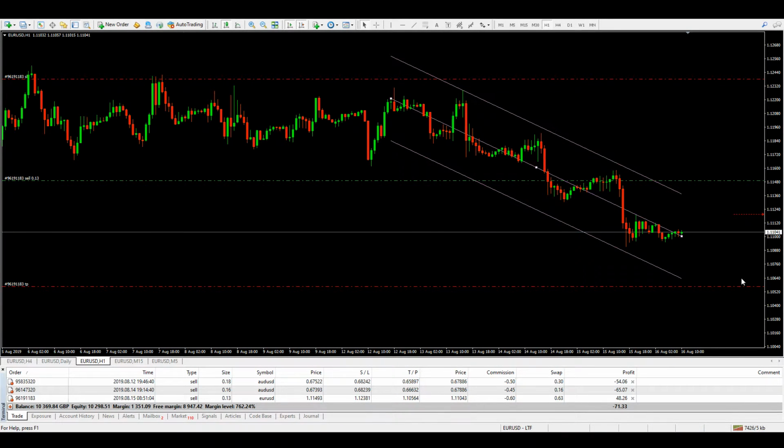On the hourly, we can see we've got some nice price action to the downside. It's producing these lower highs, lower lows. It's nicely within our standard deviation channel. It's come up and is interacting with the average of the standard deviation channel, so it's finding resistance off of that.